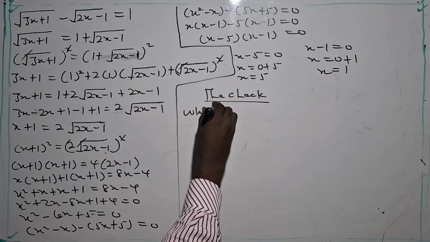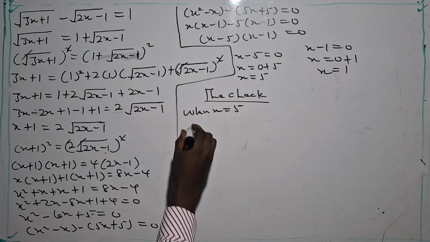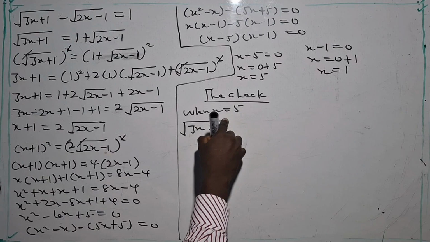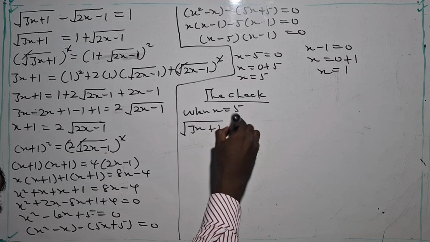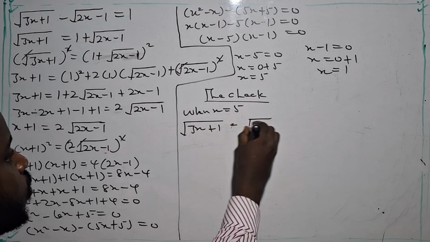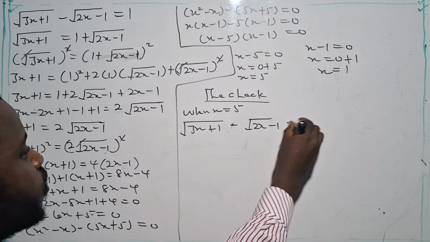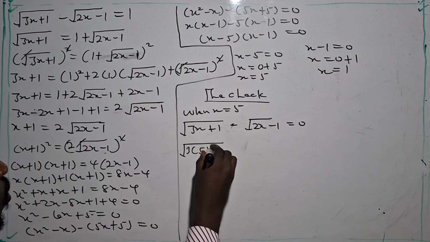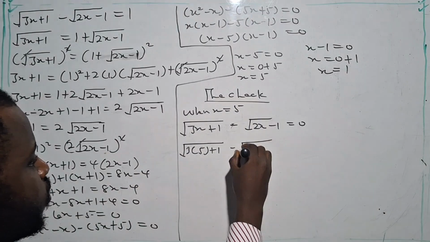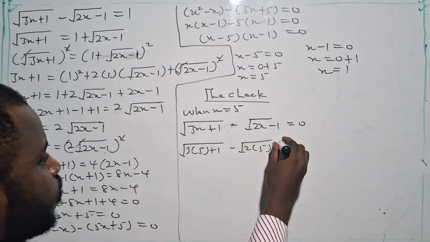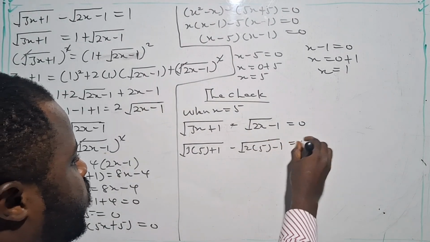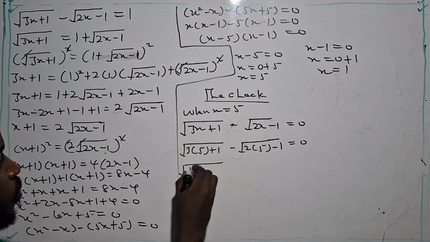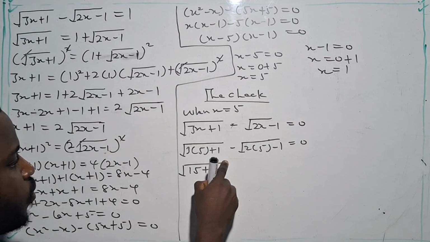When x is 5, the equation was square root of 3x plus 1 minus square root of 2x minus 1 is equal to 1. Since x is 5, we put them here: 3 times 5 is 15, plus 1.